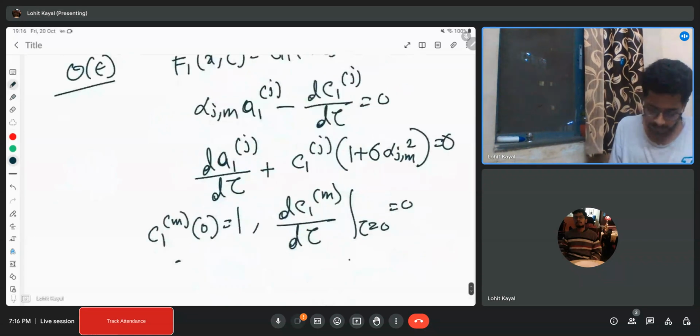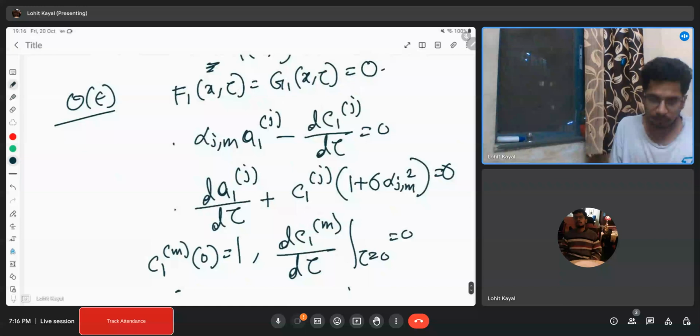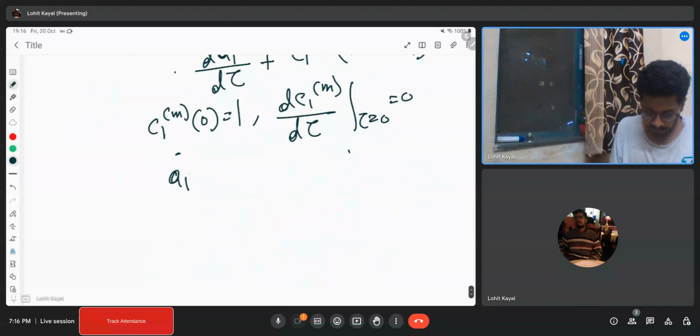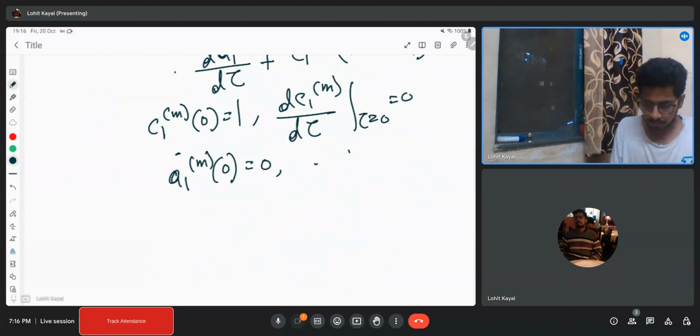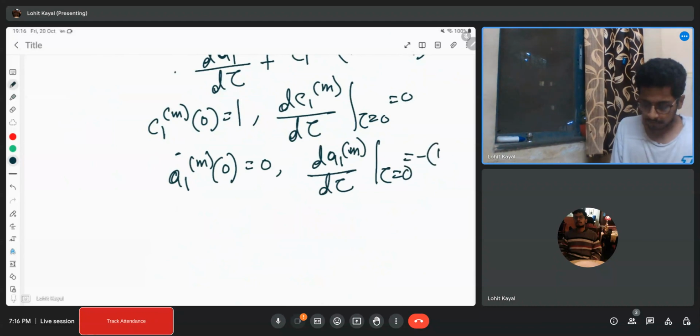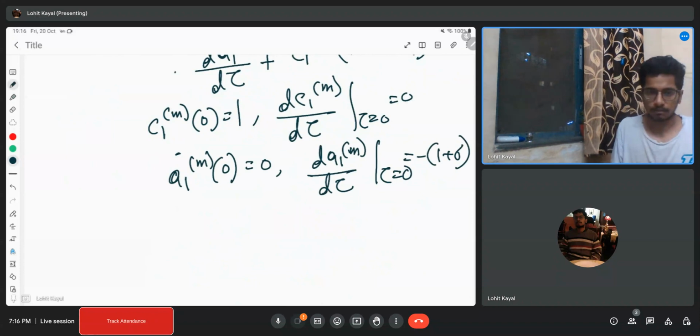Now using these two conditions and putting them here, we will get a_1m(0) is equal to 0, and da_1m/dτ at τ equal to 0 is equal to minus (1 plus σ).